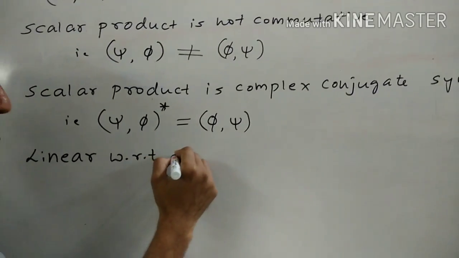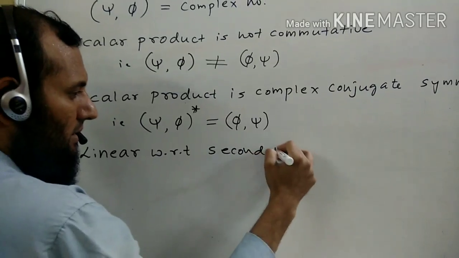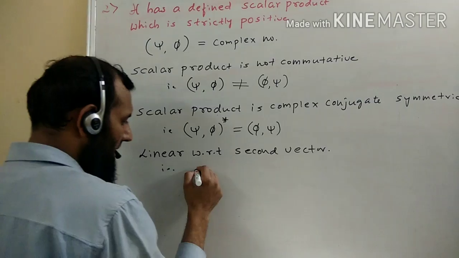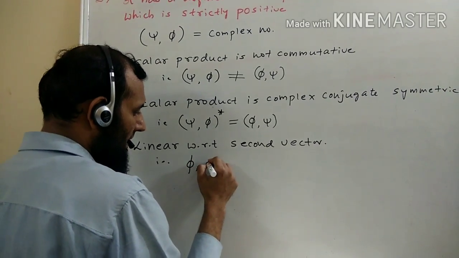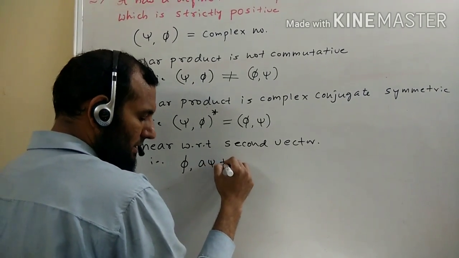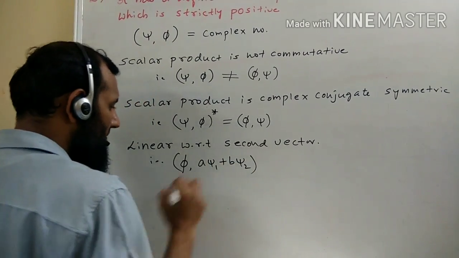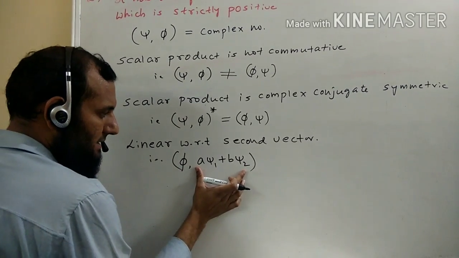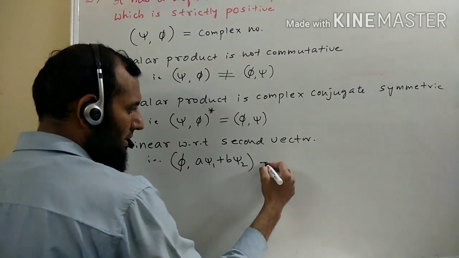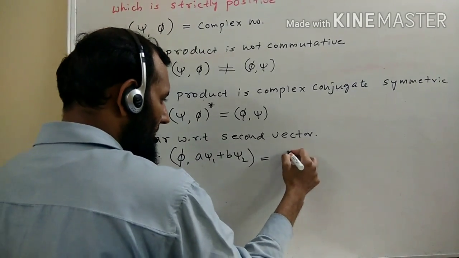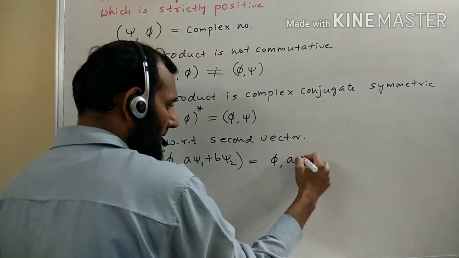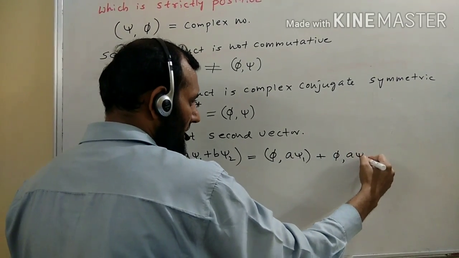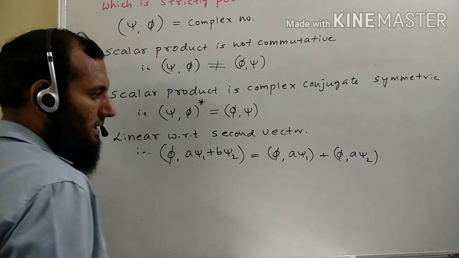The meaning of this is, if we have a scalar product between phi and a psi 1 plus b psi 2, this can be written as the scalar product of phi with a psi 1, plus the scalar product of phi with b psi 2.